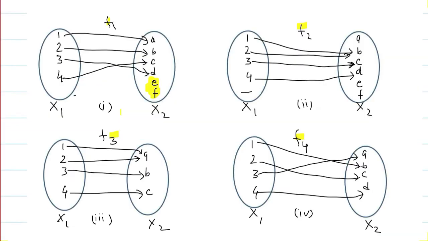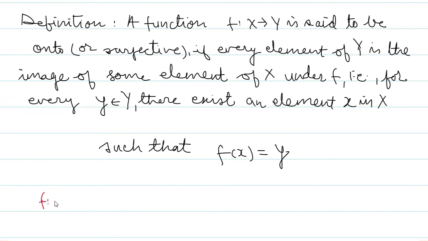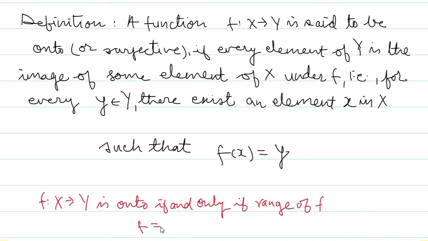The functions f3 and f4 in figures 3 and 4 are onto functions. f1 in figure 1 is not onto, as elements e and f in X2 are not the images of any element of X1 under f1. Now the most important thing: a function f from X to Y is onto if and only if the range of f is equal to Y.